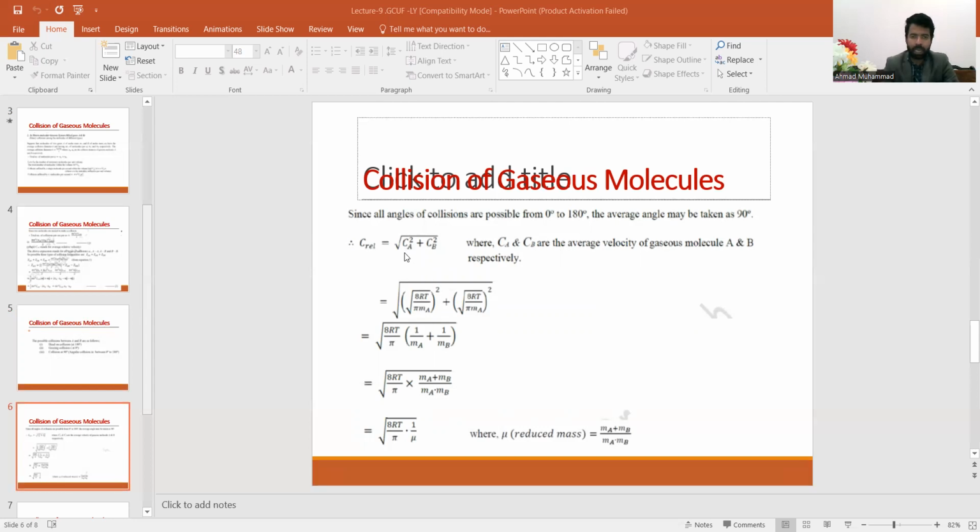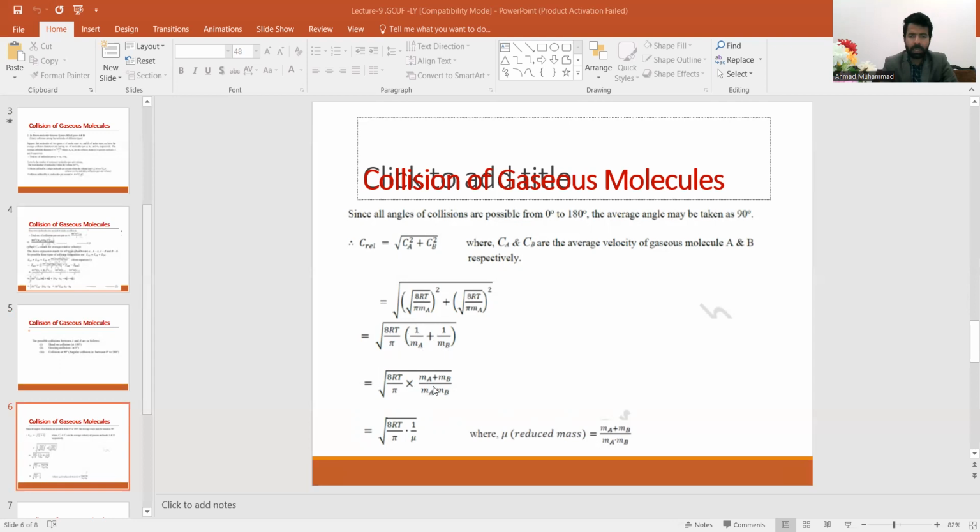We already have the value of average velocity, which is the square root of 8RT over pi Ma, and Cb, which is the square root of 8RT over pi Mb. So we can put these two values into the relative velocity equation. Then we can get this relation by taking common terms: 8RT over pi into 1 over Ma plus 1 over Mb.